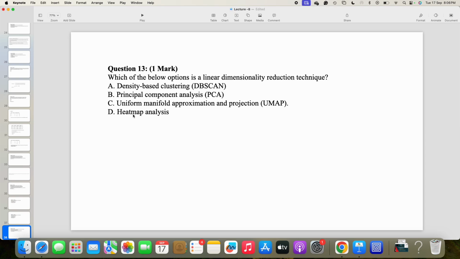Which of the below options is a linear dimensionality reduction technique? Density based clustering, principal component analysis, uniform manifold approximation and projection, heat map analysis. Please try to answer this question. So we have multiple data. Our data is distributed having varying dimensions.